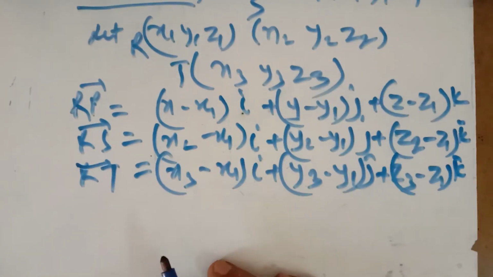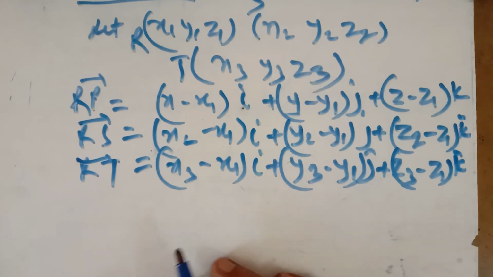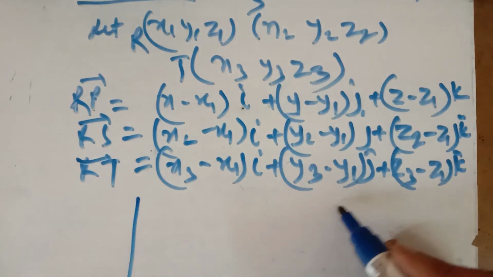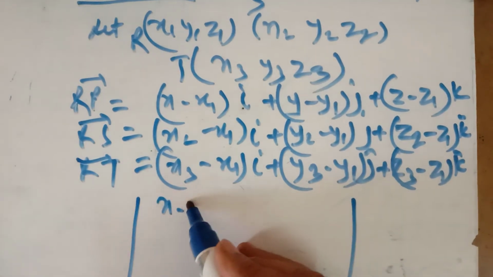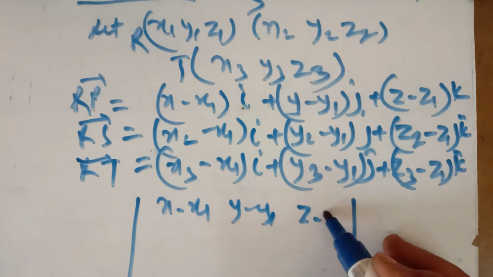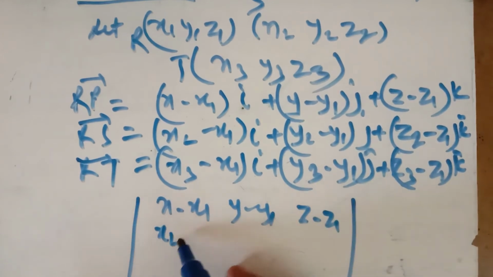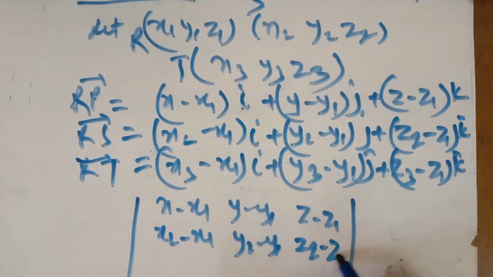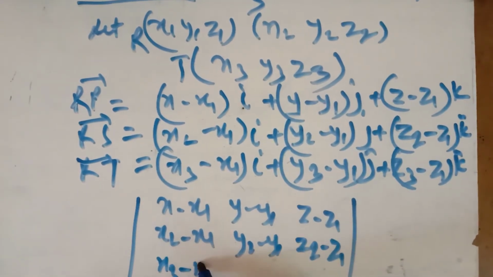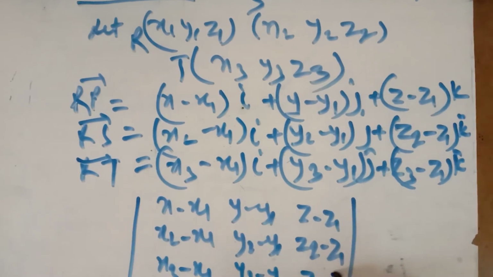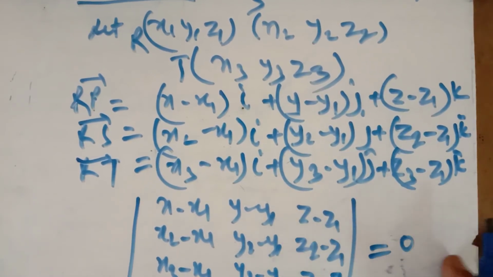Now putting these values in the vector equation we derived earlier, we get the equation in determinant form: x minus x1, y minus y1, z minus z1; x2 minus x1, y2 minus y1, z2 minus z1; and x3 minus x1, y3 minus y1, z3 minus z1, equal to 0.